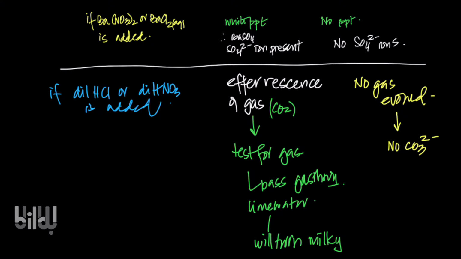All right. Now there are two more ions for IGCSE, which are bromide and sulfide. Bromide has the same test as the others: add silver nitrate, you get silver bromide, and that is in fact a cream PPT.